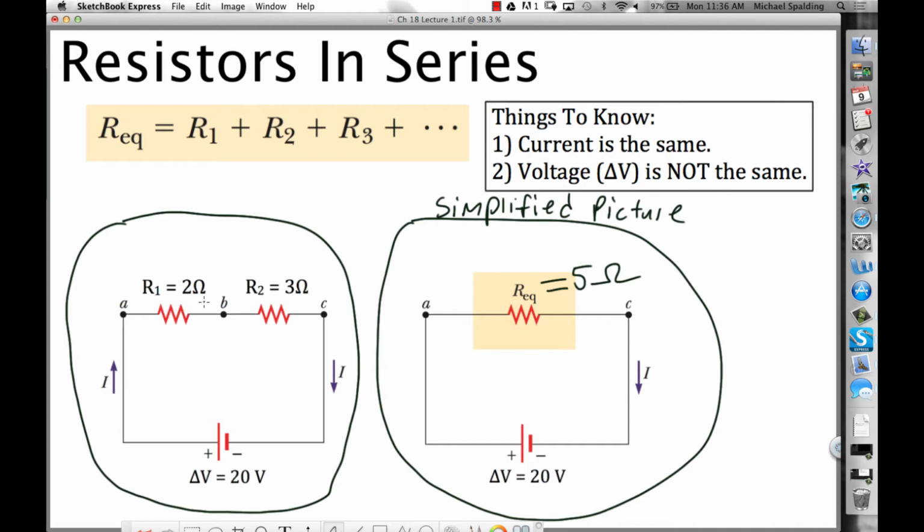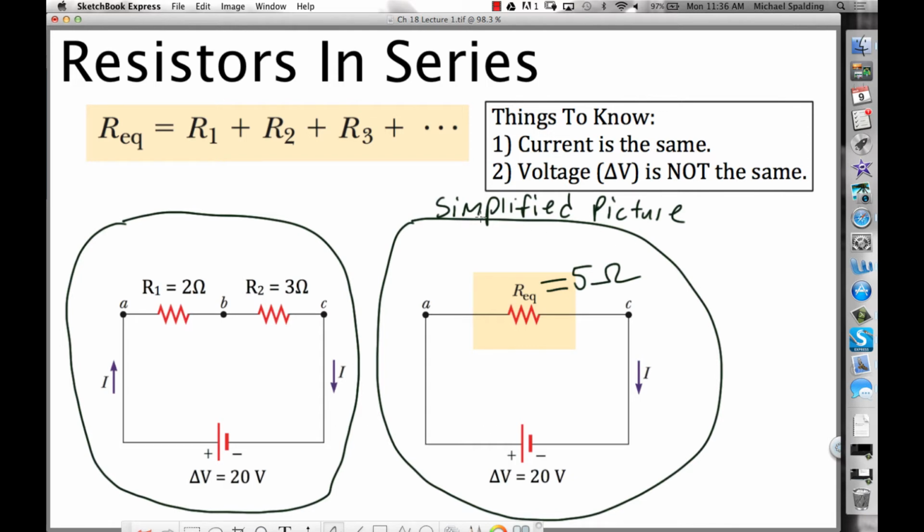And by the way, guess what the key to circuitry is? Simplified pictures. Believe me, you. Believe you, me? Which one is it? Hey, believe you, me. Simplified pictures. All right, so now you know how to simplify.